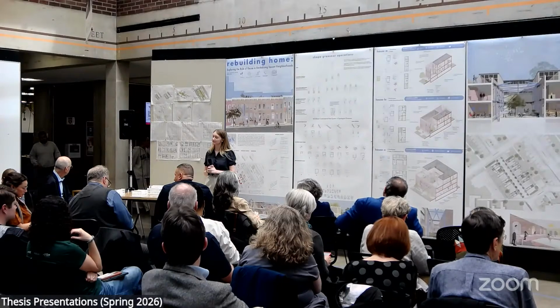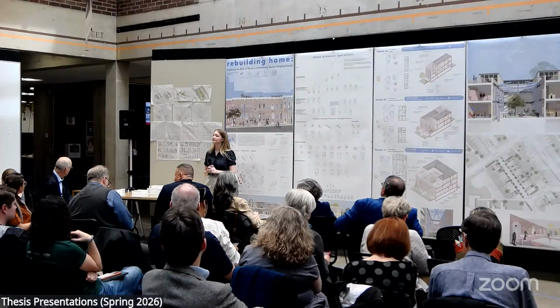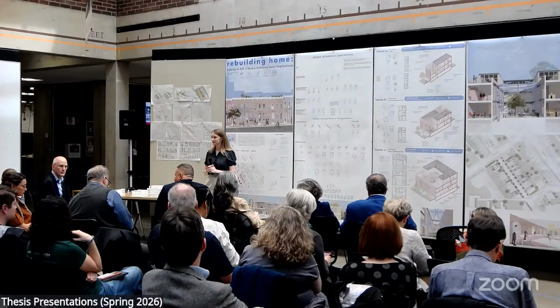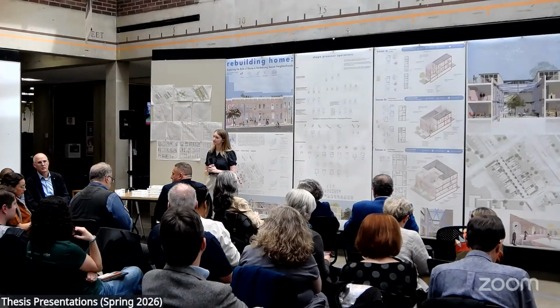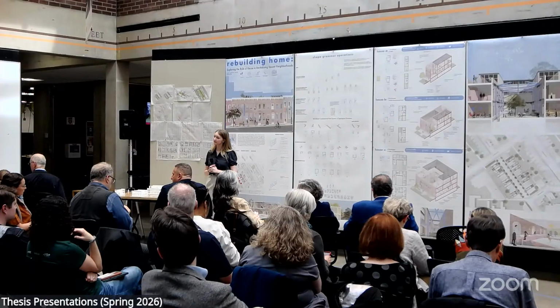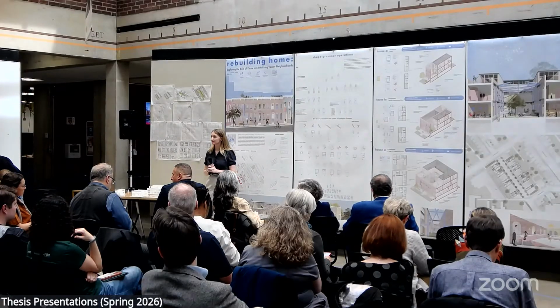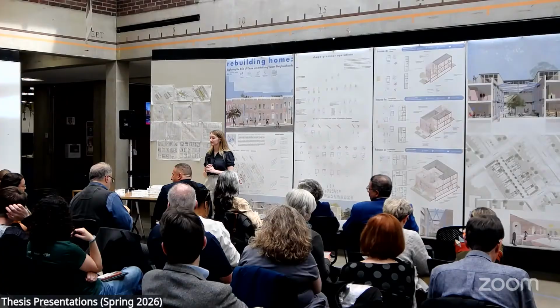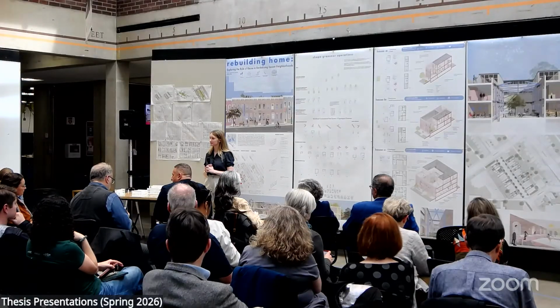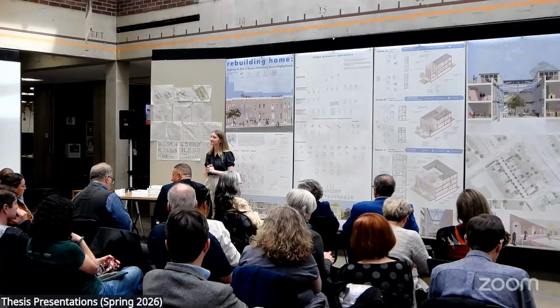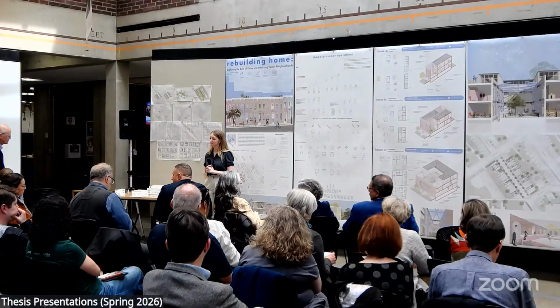My one reservation has to do with the shape grammar as the organizing principle. I think you would like to look at the approach of the typological schools of transformations in Spain and Italy and Portugal. It's interesting that you mentioned Alvaro Siza, because there's a lot of great precedents there.